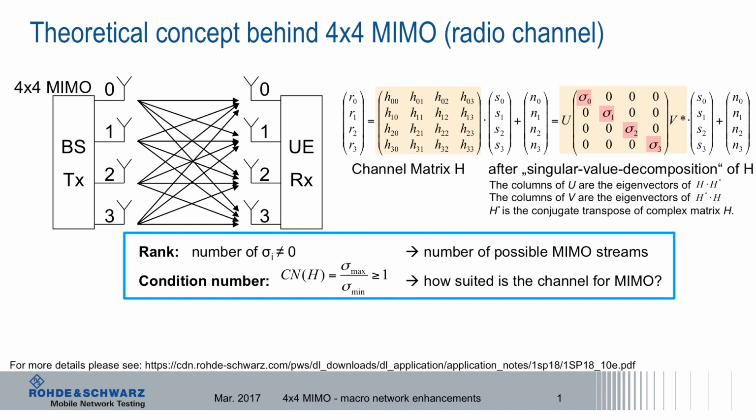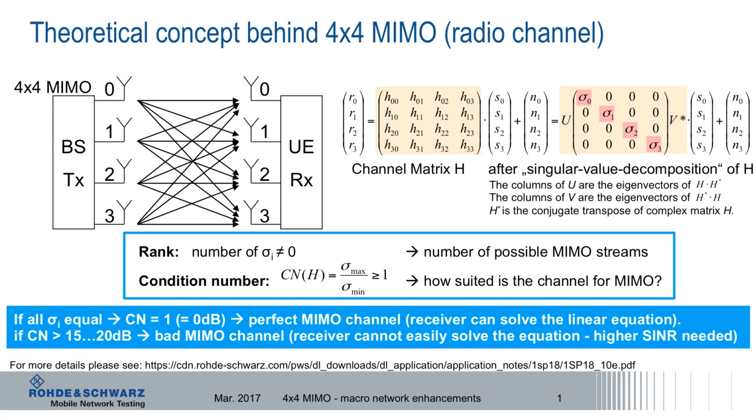This defines how suited the channel is for MIMO, how easy the receiver can solve these linear equations. If all sigmas are equal, the condition number is 1 or 0 dB. We have a perfect MIMO channel, and the receiver can solve the linear equation very easily.